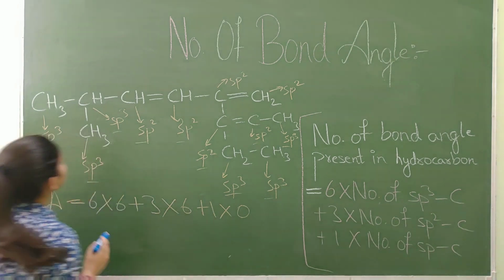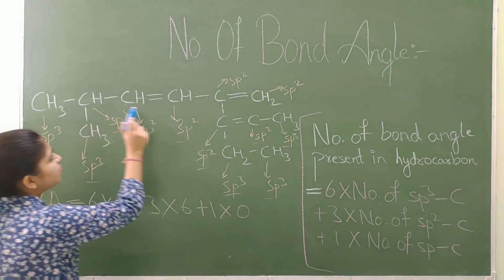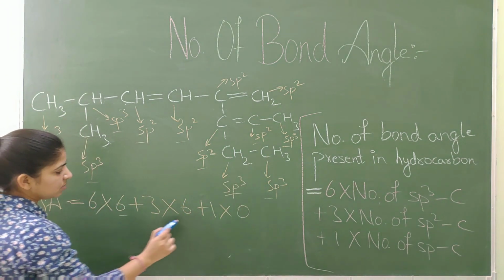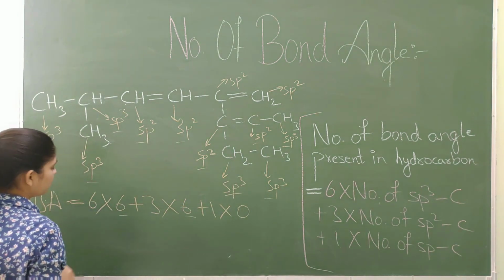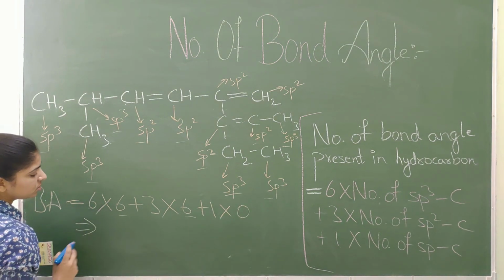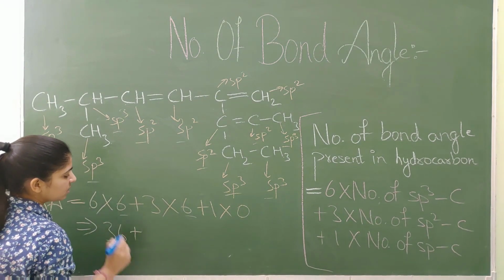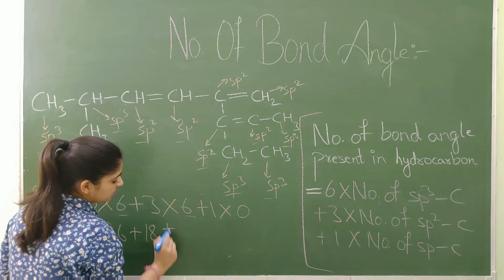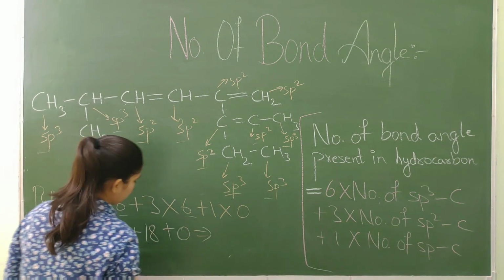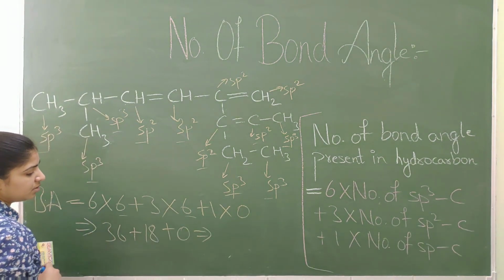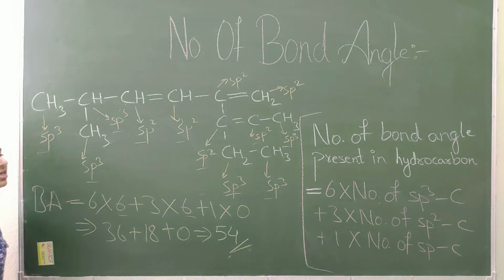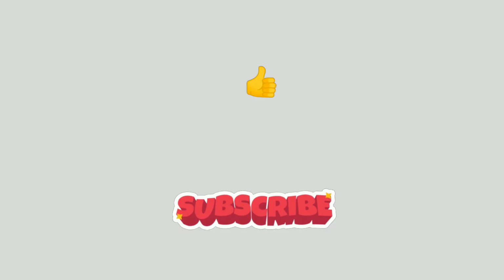So total number of carbon is 1, 2, 3, 4, 5, 6, 7, 8, 9, 10, 11, 12. 6 plus 6 is 12. Okay. So 6 into 6 is 36, plus 6 into 3 is 18, plus 1 into 0 is 0. So 36 plus 18 is 54. So we get 54 bond angles in this carbon chain. Okay, so now you can take a screenshot.